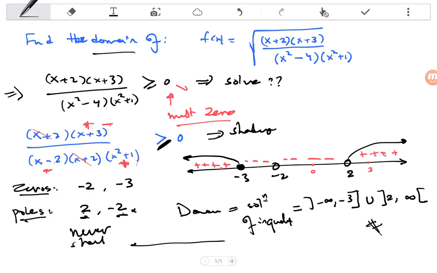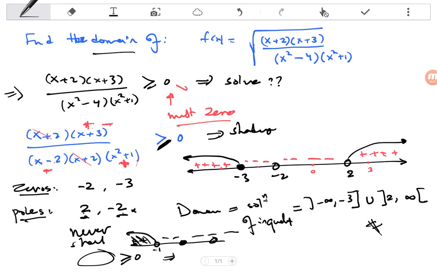If I had, for example, these points, and this one was shaded, and the positive signs were like this, positive and positive like this, what will make it only that interval? If I'm looking for greater than or equal to 0, and that was positive with this, and all of this was negative, what will be the solution in this case?